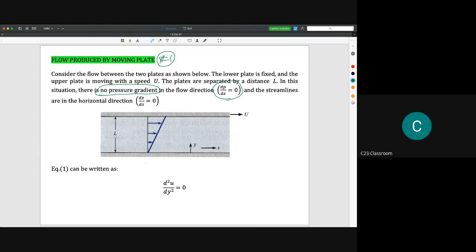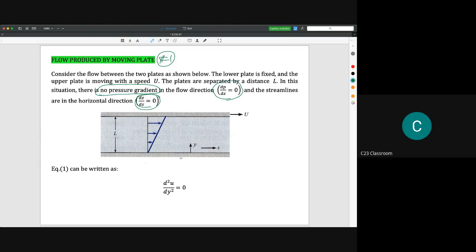And because we are focusing on the s axis only, we don't have any value of dz ds. We are only focusing on y and s, meaning x and y, and there is no z.